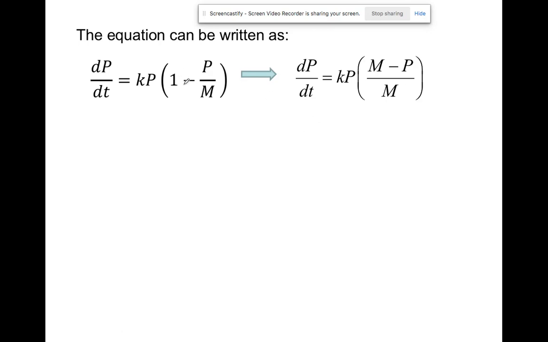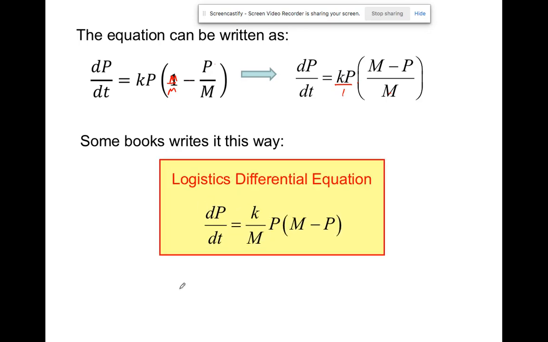I just got a common denominator. I turned the 1 into m over m minus p over m. There's what that fraction looks like. Also notice that since this is over 1 and I'm multiplying two fractions, this is m times 1 is m, I can put that m wherever I want in the denominator. So this is what the logistic differential equation looks like. Or it could look like this if you want to put the m underneath here, doesn't matter.